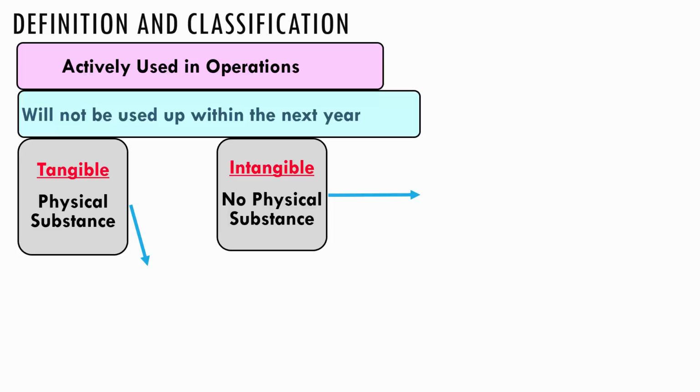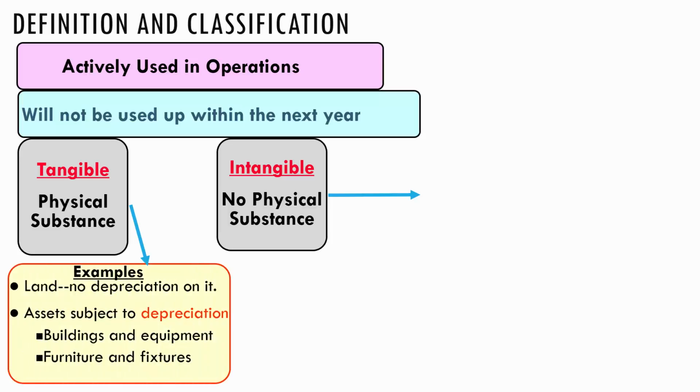You may be able to, yes, go back and look at a document that points to the legal or contractual arrangement for a trademark or a copyright. But the value of the thing transcends that paper document. It goes beyond that paper document. And so we say it doesn't have the physical substance that, say, equipment or land or building has. Its value is something more than that paper document. We call these things intangibles.